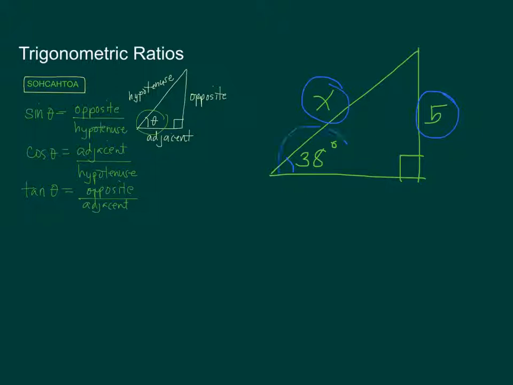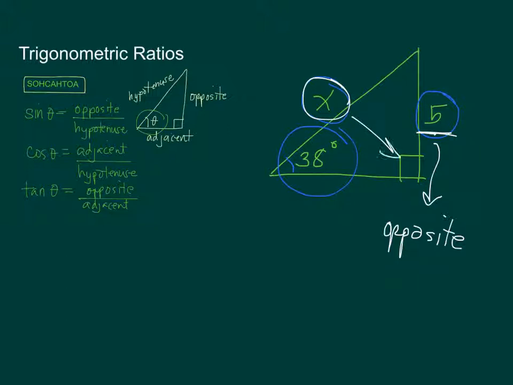The angle that we have is 38. That means 5 is the opposite side of the angle. And since x is opposite the 90 degrees, x is the hypotenuse.